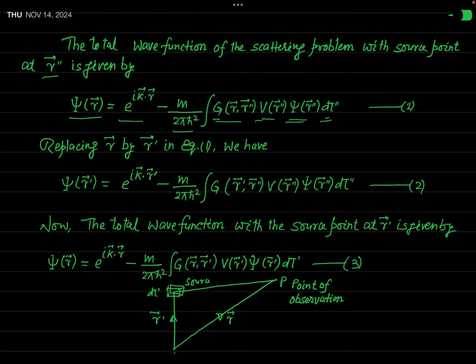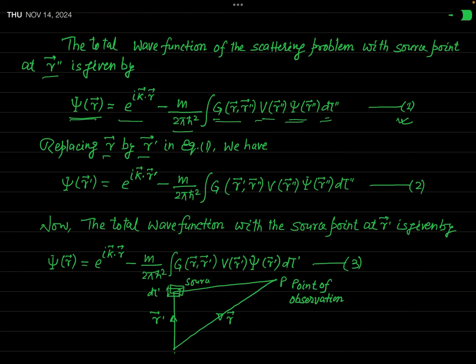And this psi of r denotes the total wave function, which consists of both the incident wave function and the scattered wave function. Now if you replace this vector r by, let us say, r dashed, then what will be the form of this equation 1? Instead of r we will simply write r dashed.